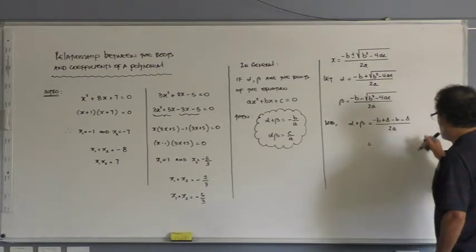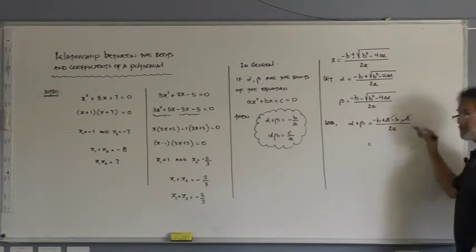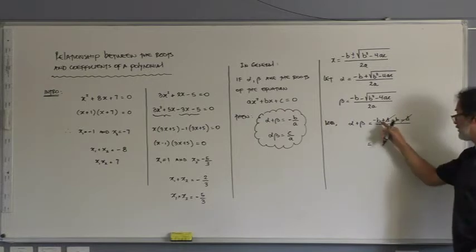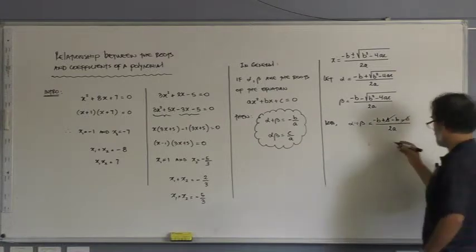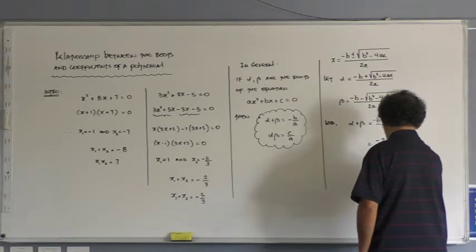Can you see that these two cancel each other? And what is left on top? Minus 2b, all over 2a.